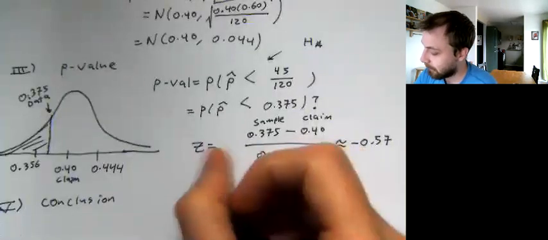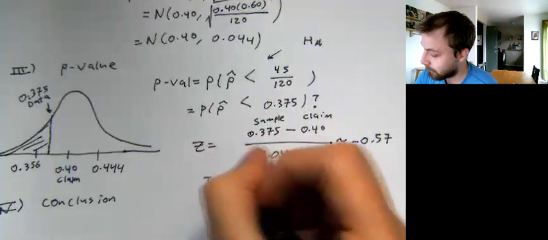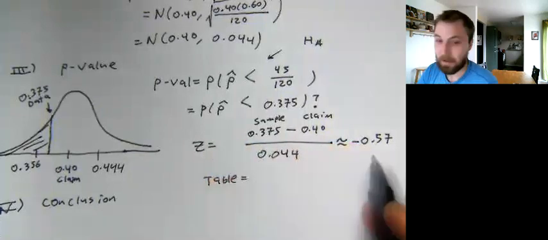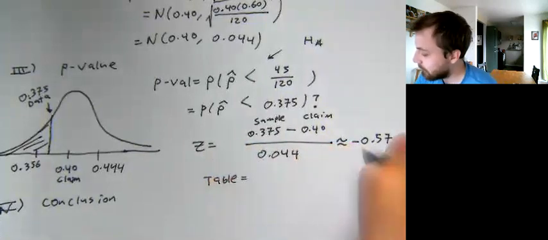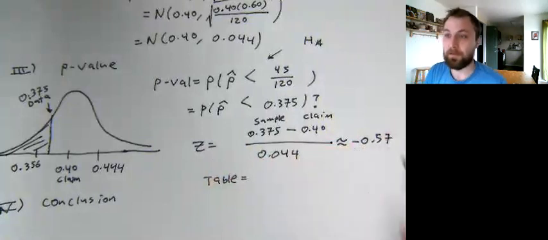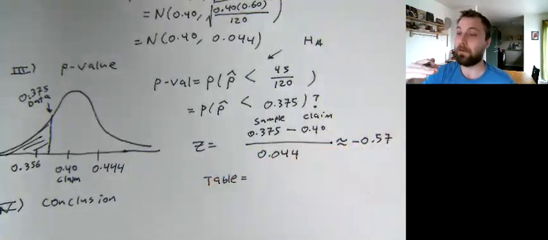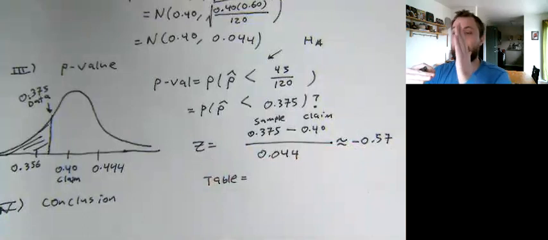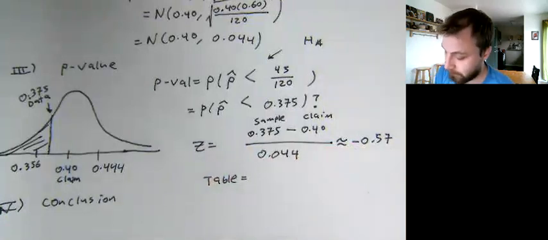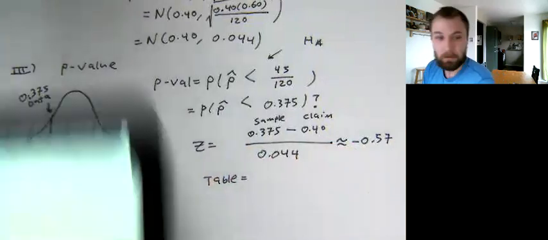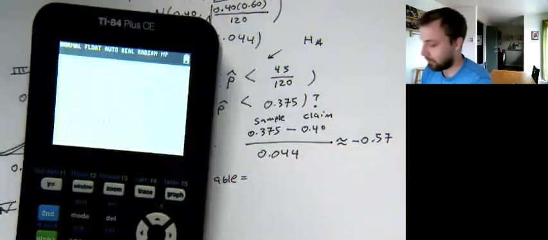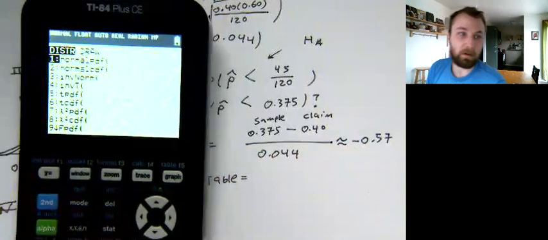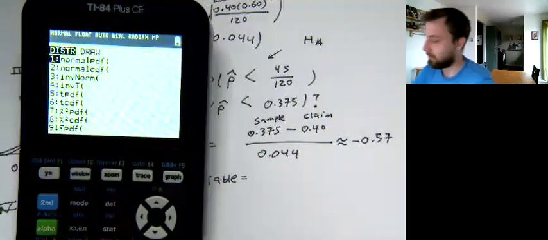I can look this thing up in a table, or I can use technology. If I'm looking this thing up in a table, I would notice that the first two digits is negative 0.5, so I'd go to the negative 0.5 row, and then I'd find the 7 column and where those things meet up. I can also use a graphing calculator, so I could go into second vars on a TI-84, for example.